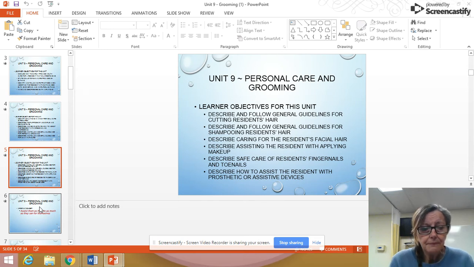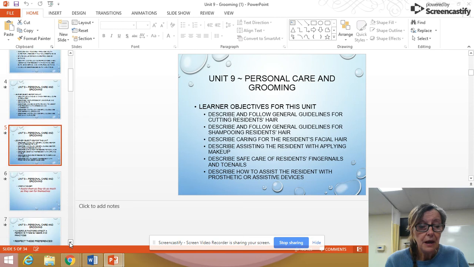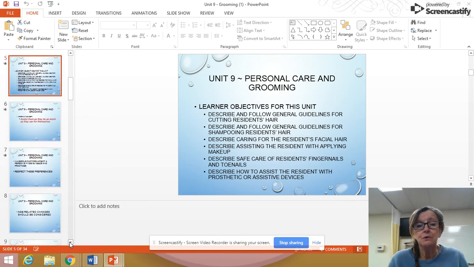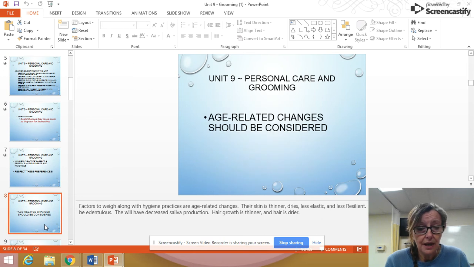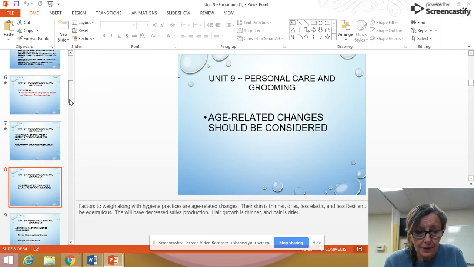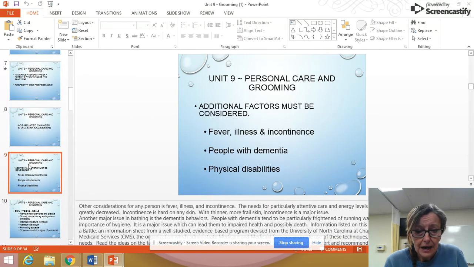This being said, there are a lot of slides, and there's no way, obviously, that I can get to all of them. But I want you to read through those, and if you would, read the lecture out loud, just like I was stating that lecture to you. It's down here in the notes page. I have the age-related situations there.